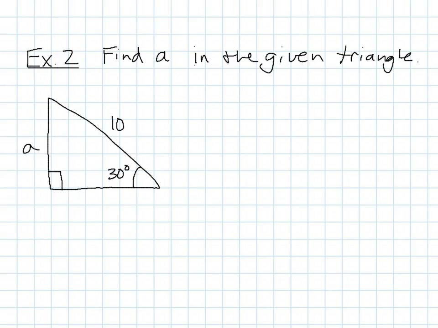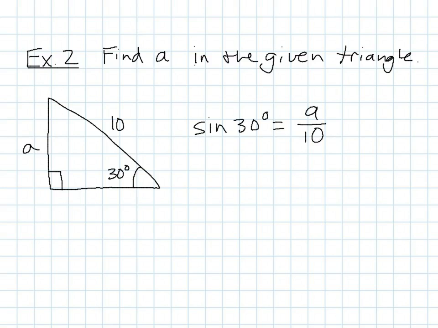So now let's try an example here using this. So here I want to find A in the given triangle. I'm given 30 degrees. I want to find the opposite side here for the value of A, but I'm given the hypotenuse. So here I need to use the value of sine of 30 degrees to help me find what A is.